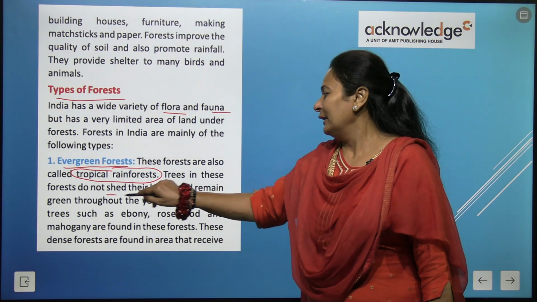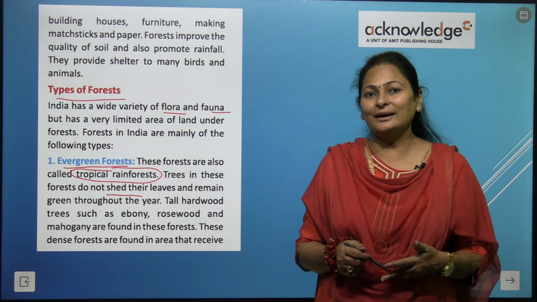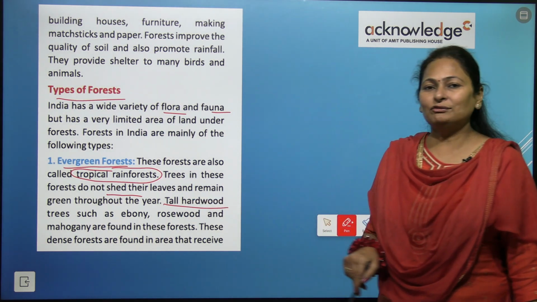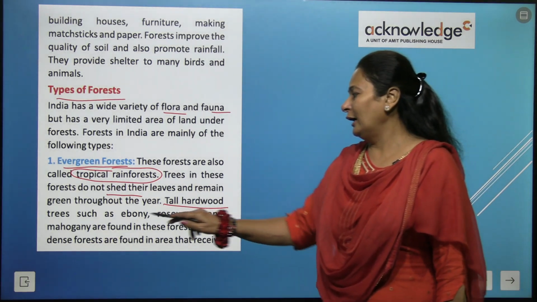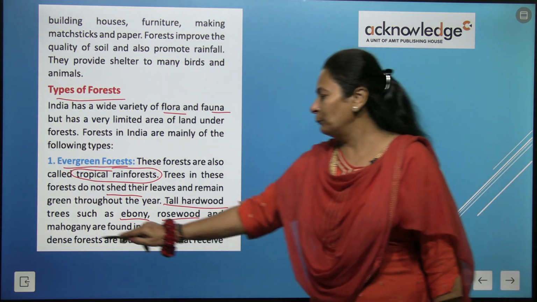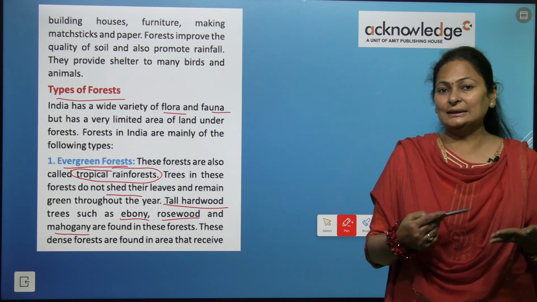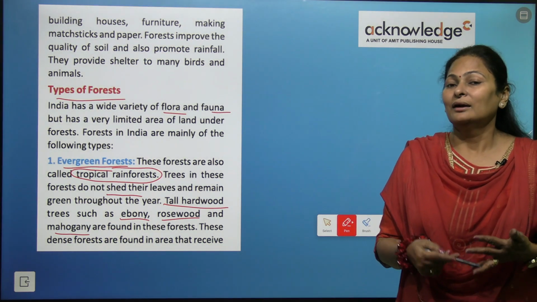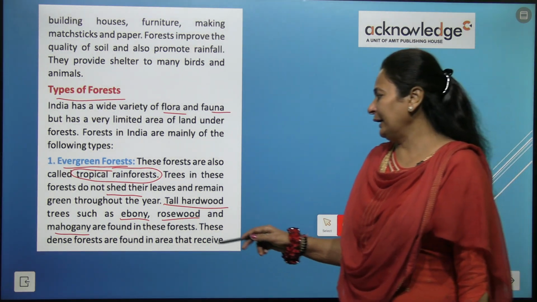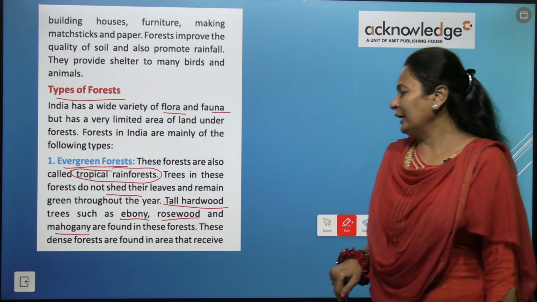And what are these trees like? These are tall hardwood trees such as ebony, rosewood and mahogany, found in these forests.